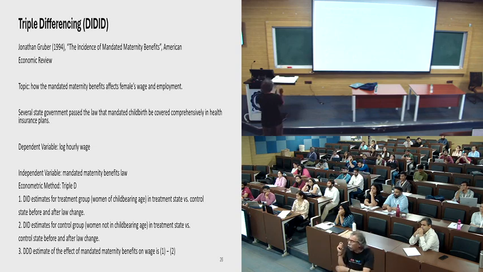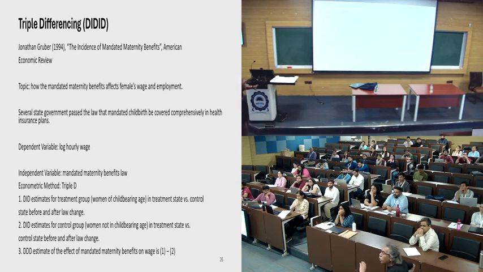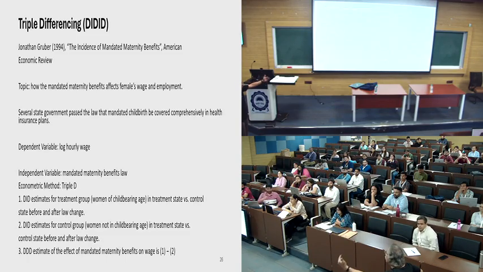The independent variable, of course, is the mandated maternity benefits law. The method was triple D. DID estimates for the treatment group of whom? Women of childbearing age in treatment state versus control state before and after the law change. Then for the control group, those not of childbearing age, in treatment versus control before and after.